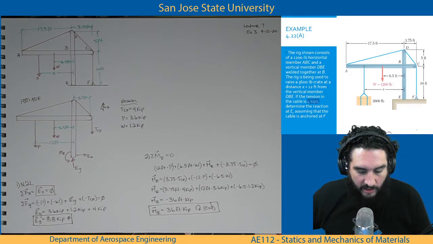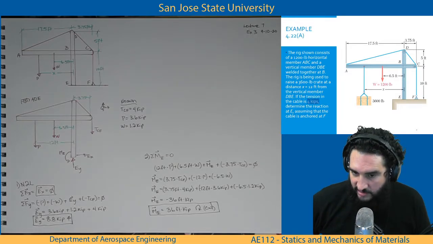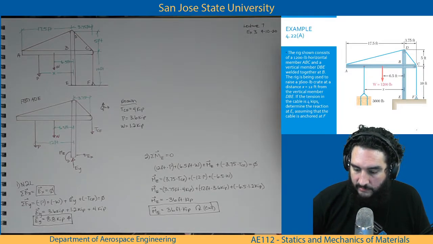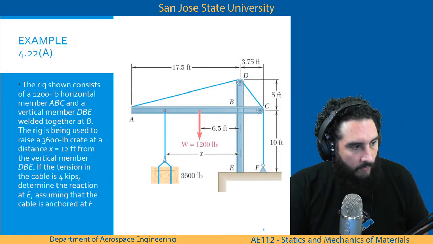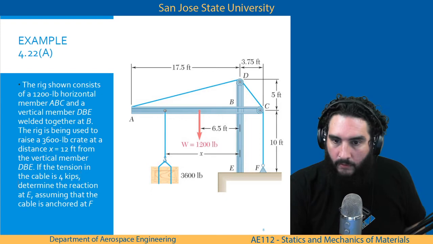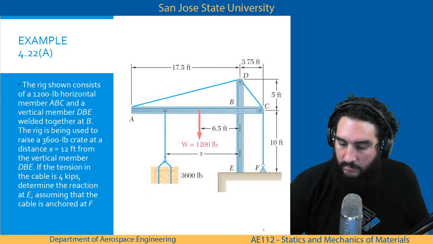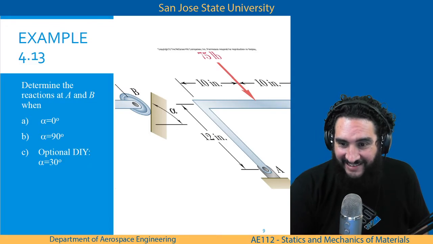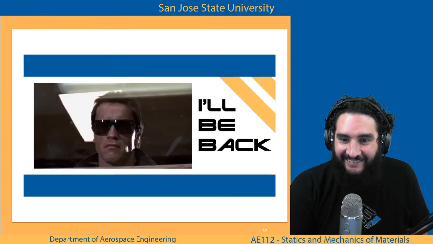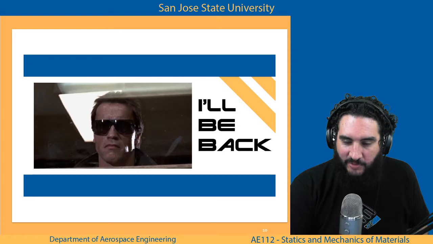Okay, it's 12 o'clock. I don't have enough time to get through the next example. Let's see what we got in the slides here. I don't know what happened here. Oh, apparently I'm supposed to take a break somewhere in there.